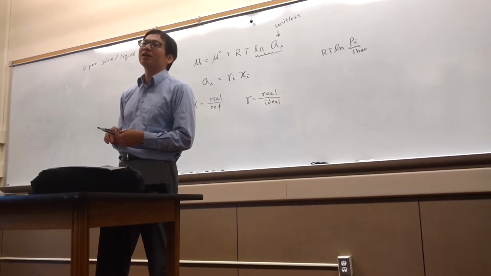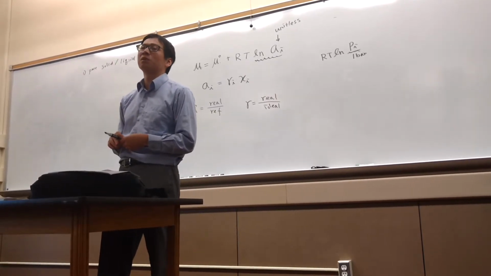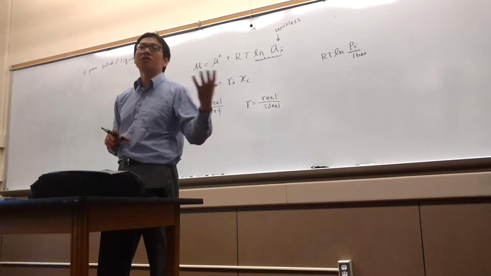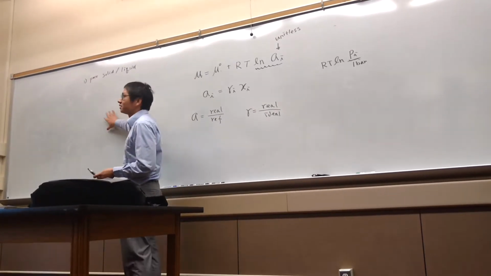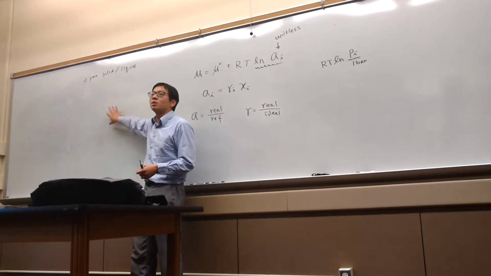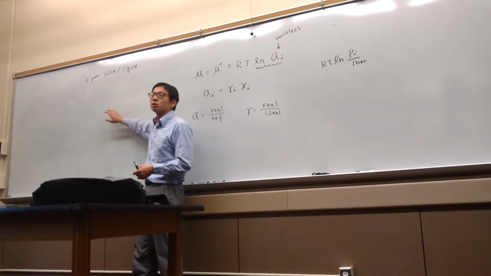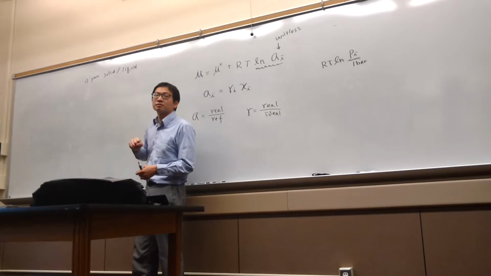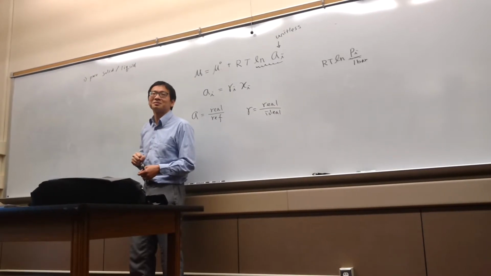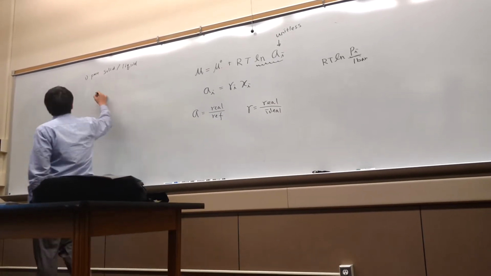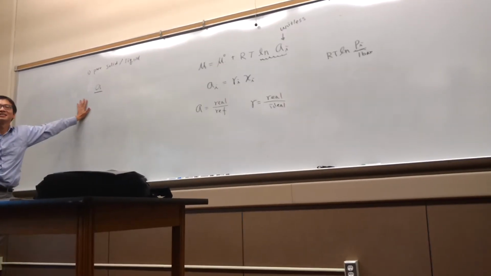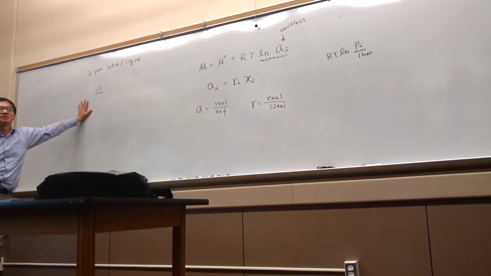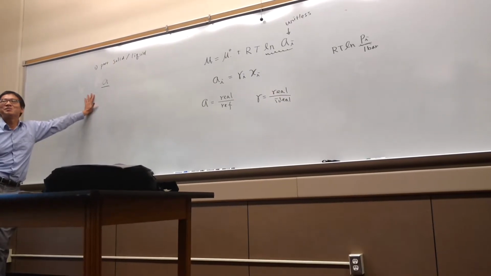Back to that time, sometimes people wrote activity in a way as concentration. When you learned this concept, what is the activity for pure solid and pure liquid? No one remembers?